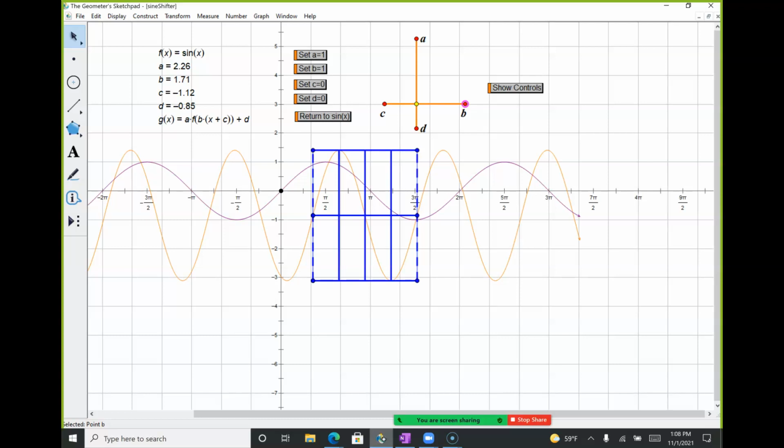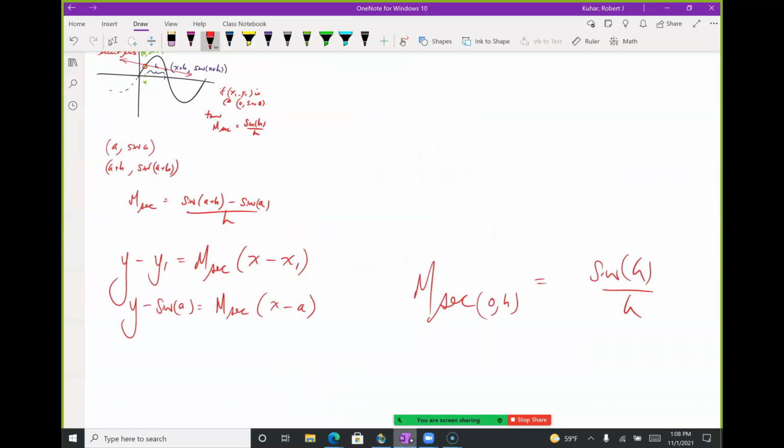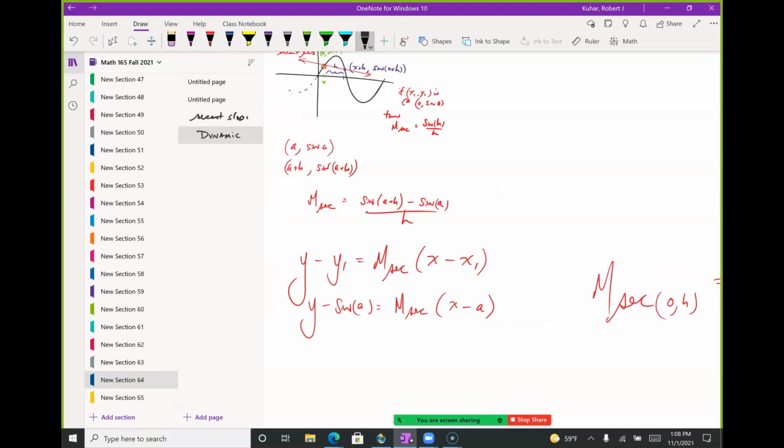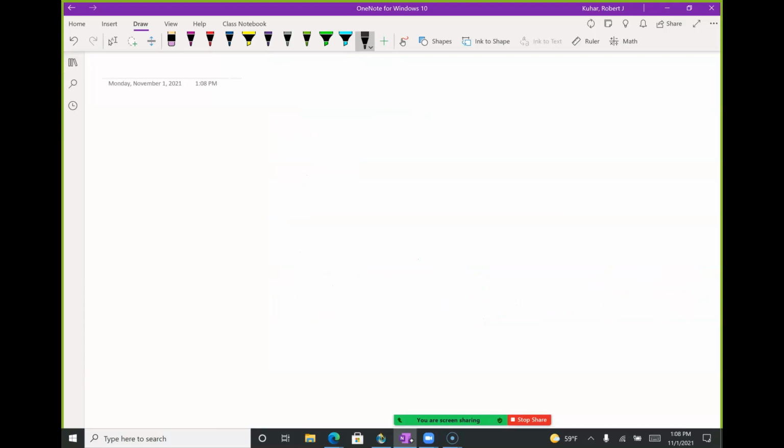So we're going to be looking at this particular curve here, right? This curve right here. This is section 6.6, I believe. So 6.6, graphs of trigs with a phase shift.